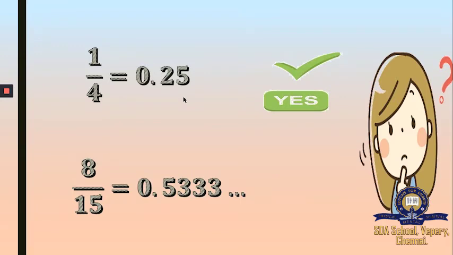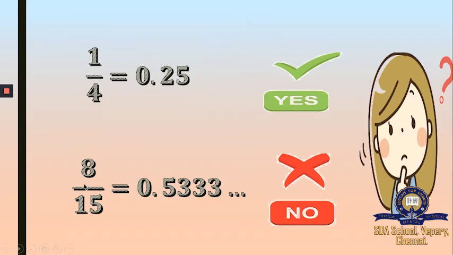Now if you observe the second question, 8 by 15, when you divide 8 by 15, the answer is 0.5333, etc. So it is a non-terminating decimal, right? Here the digit 3 is repeated indefinitely. So my question is, just by looking at a fraction alone, can you say whether it is a terminating or non-terminating decimal?